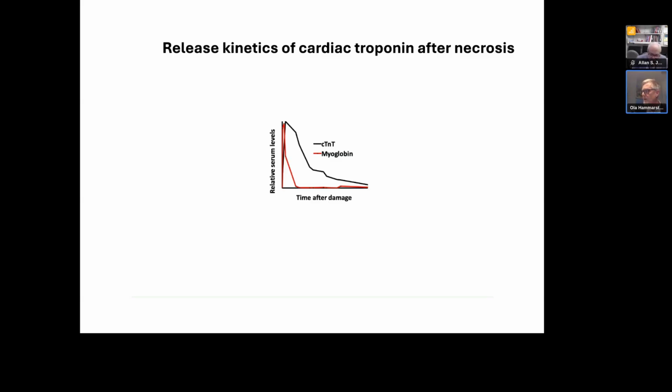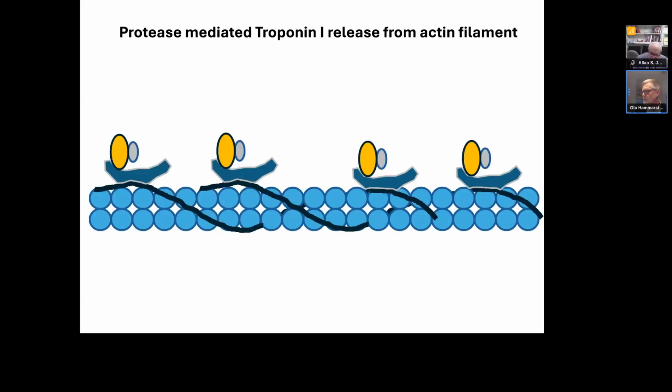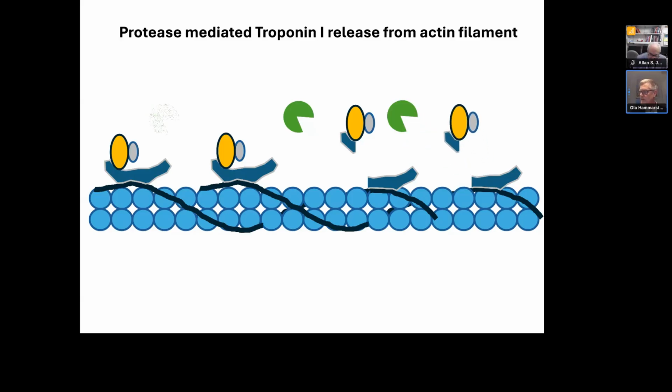Next slide, please. And then you can just go forward so that you can see the different animations, and if it's the right animation, there should be a green protease that cleaves the troponins, so that the troponin I and C is separated from the troponin T that is bound to the insoluble filaments.